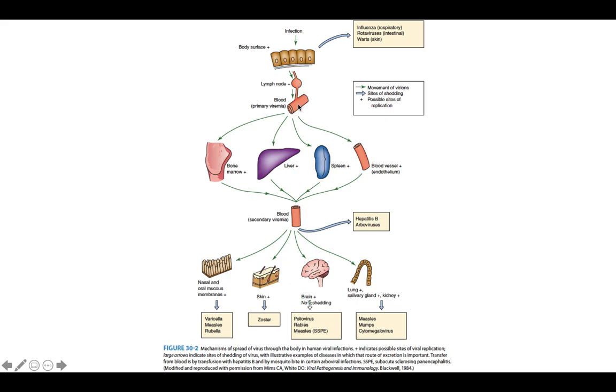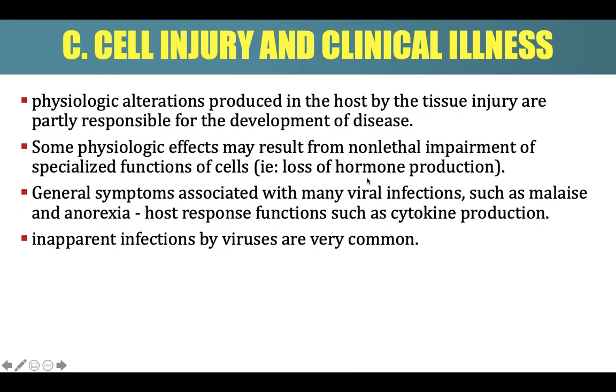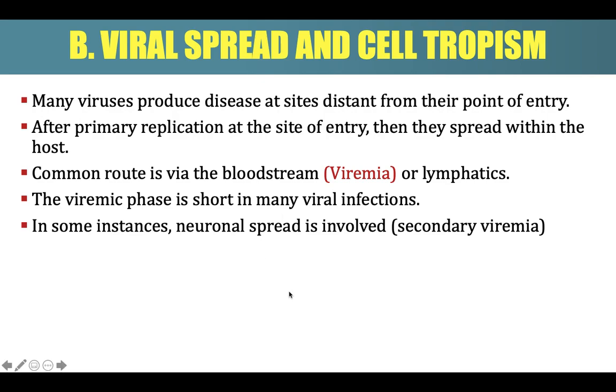The presence of virus in the blood is called viremia. Remember, we've got primary viremia and also secondary viremia here. It means that the virus also spreads to other important organs in our body.